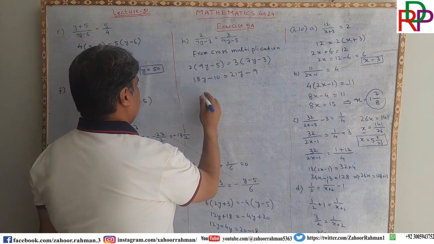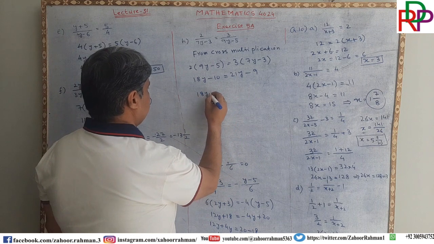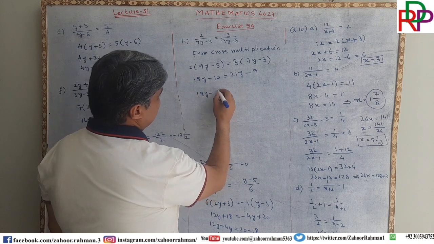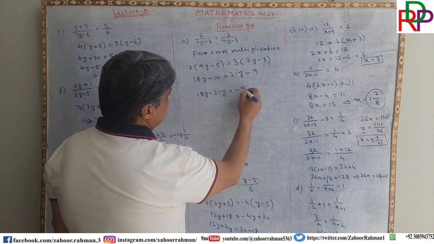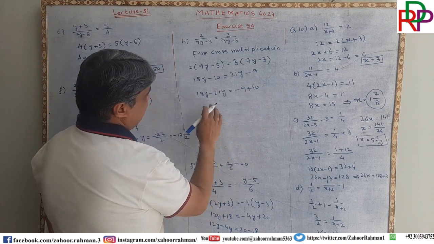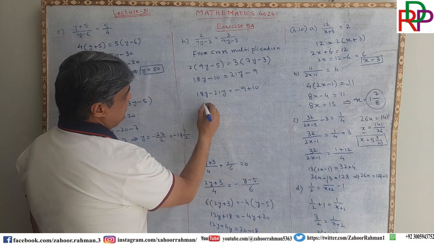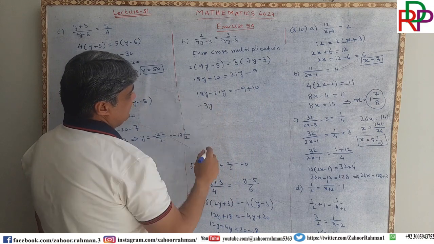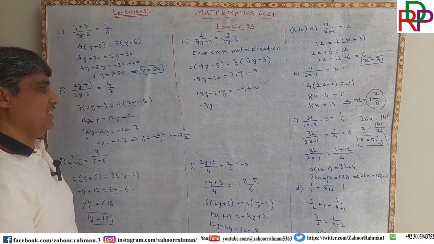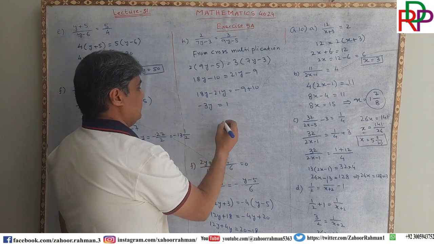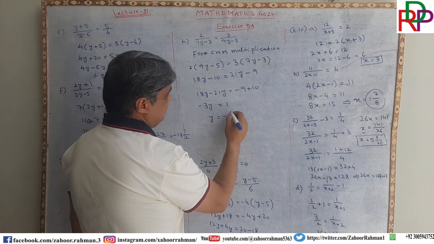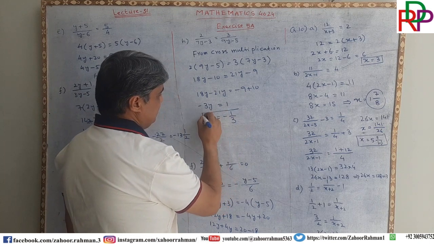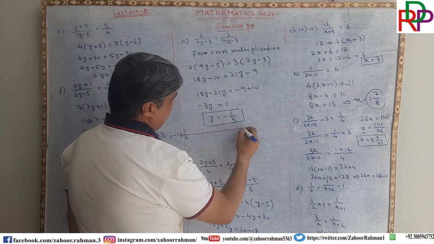And when from 18y we subtract 21y and minus 9 plus 10, this will give you 3y with negative symbol, and that will give you 1. So y is equal to minus 1 over 3 is the solution set.